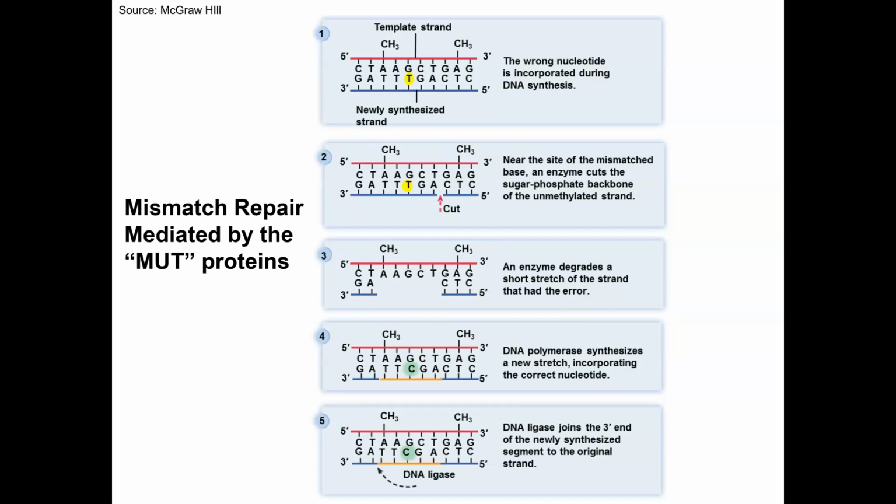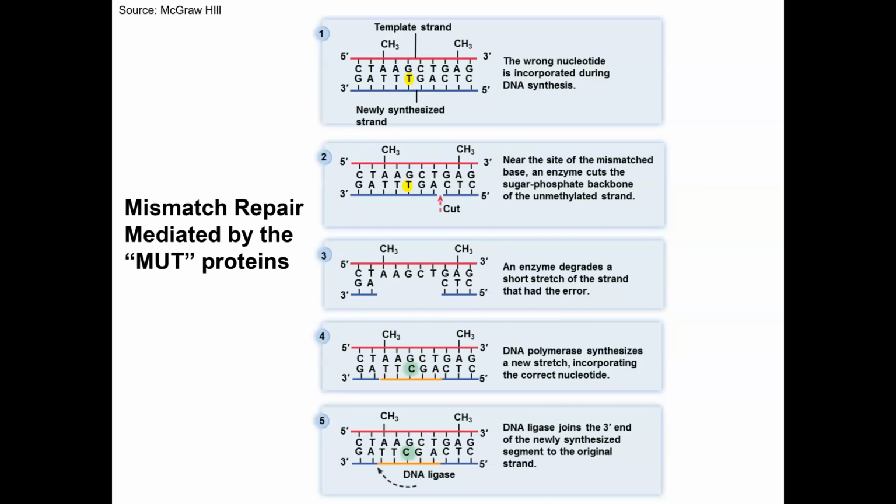Well, it's actually pretty easy. You cut the regions surrounding the mistake. So now we've got a gap. DNA polymerase comes back, fills in the gap with DNA, and then our old friend ligase shows up.